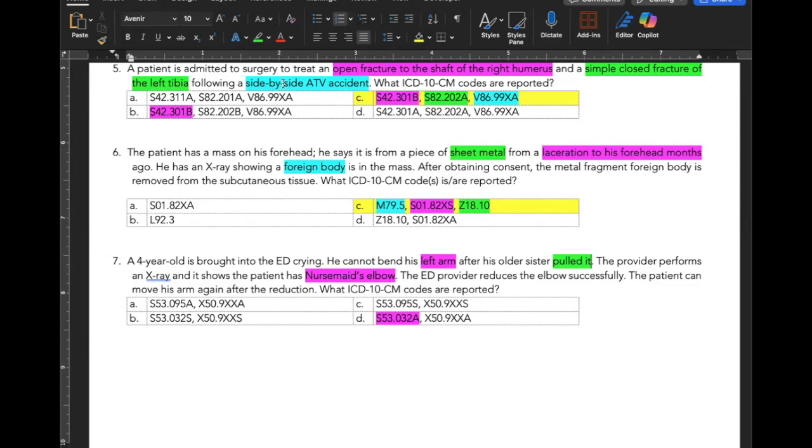So that gives us X50.9. And then we've got to figure out our seventh character because there's no other additional characters. It's going to be the initial encounter because, again, it's that active treatment. And that's going to be our letter A.